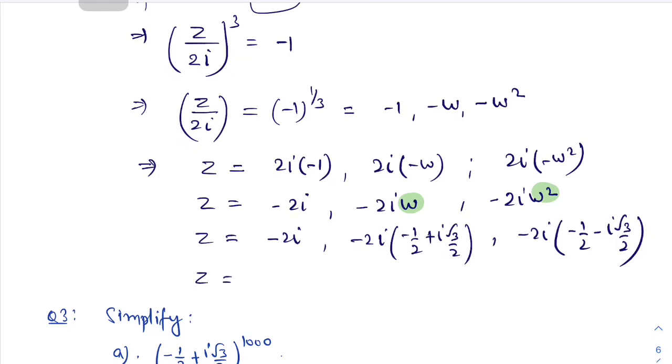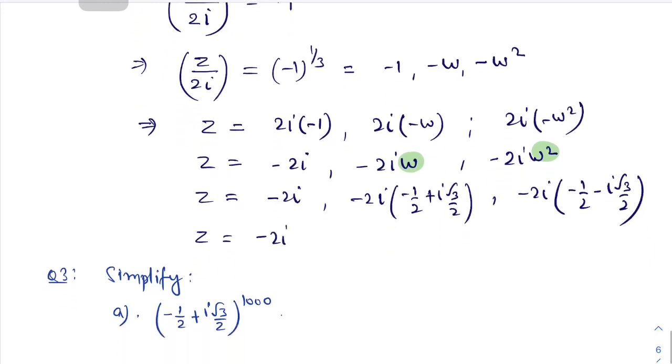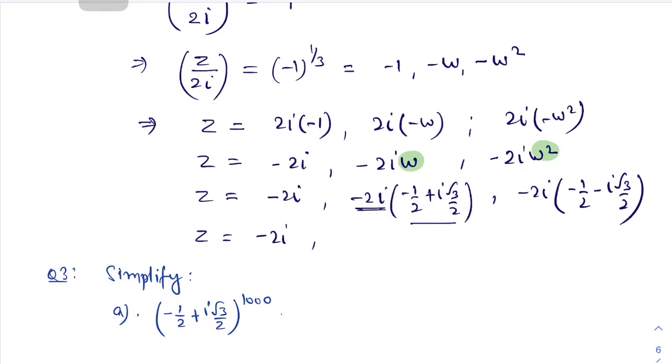By further simplifying, minus 2 iota is going to multiply with omega, so we will get plus iota, and minus 2 iota into iota root 3 by 2: iota square is minus 1, so minus 1 into minus 1 again gives plus root 3.